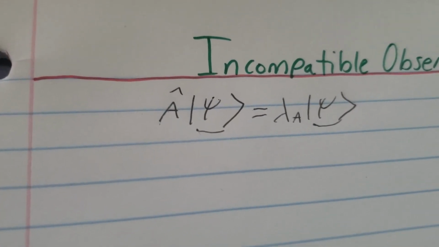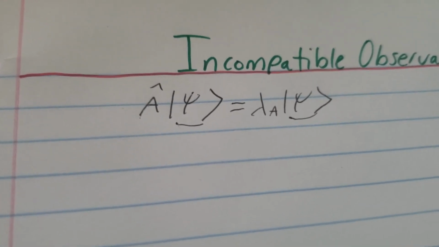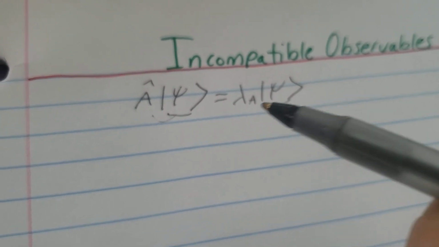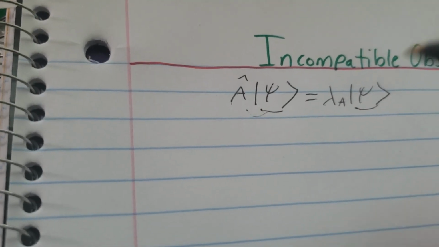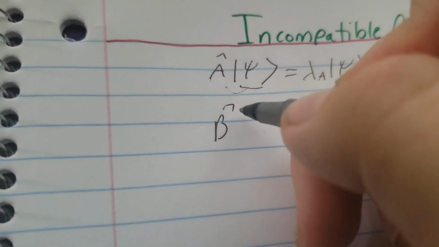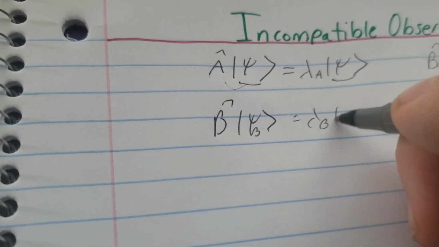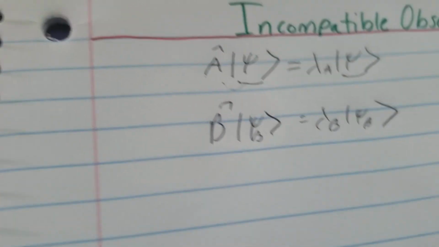So, in our space of states, there's a special subset of states which are eigenstates of A hat. That is, they have definite number valued A. And there's another subset of states for which the quantity B is also definite. The eigenstates of the operator B hat.